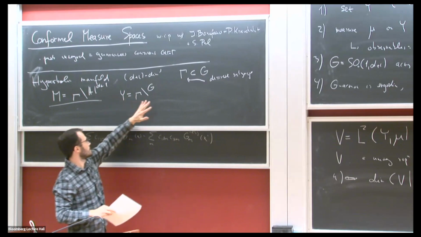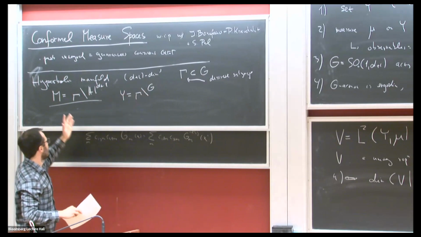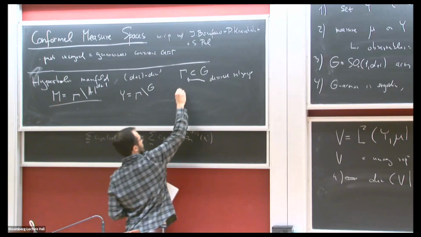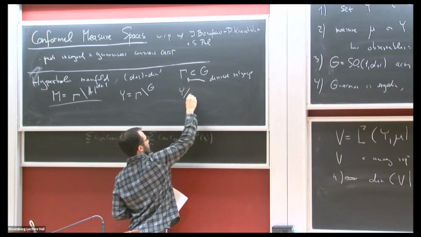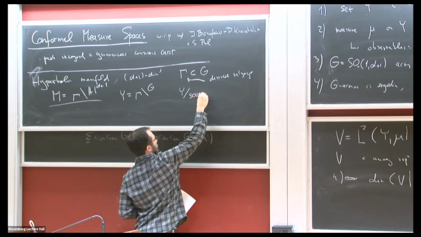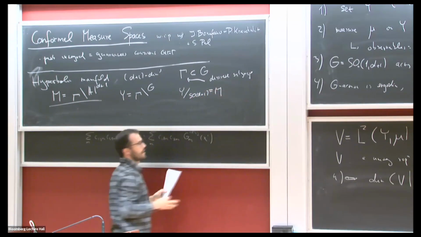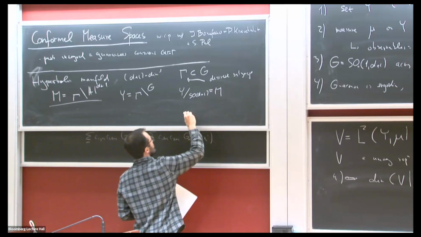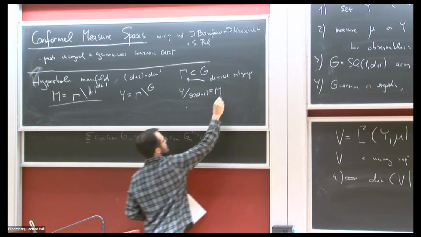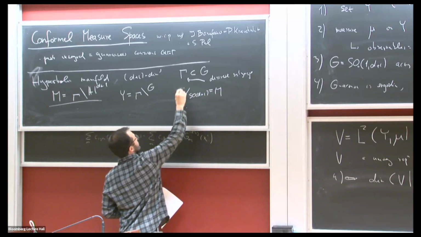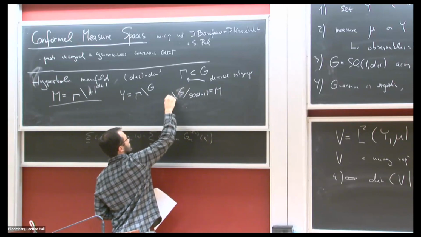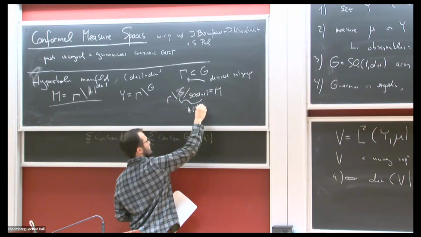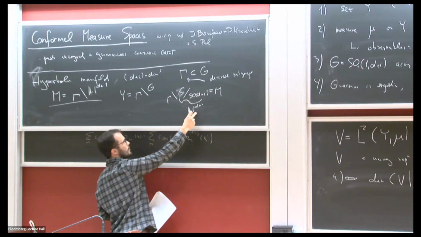This is some smooth object which knows about the manifold, because if we take Y and quotient by the SO(D+1), then we get back M. This right quotient is just equal to the hyperbolic space, because SO(D+1) is a stabilizer of a point in H^(D+1).